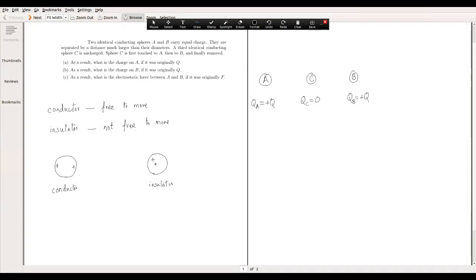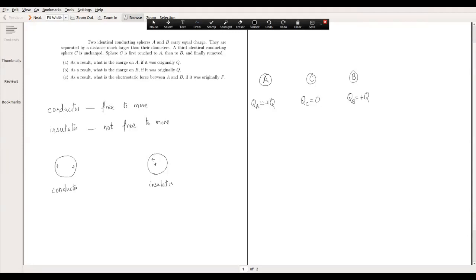Before we proceed and say that C touches A and B, let's go ahead and calculate what the force between A and B is if C was not there. And it is practically not there because its charge is 0 at this stage, but even otherwise, we're saying it is very far away, so that charge is not affecting it.